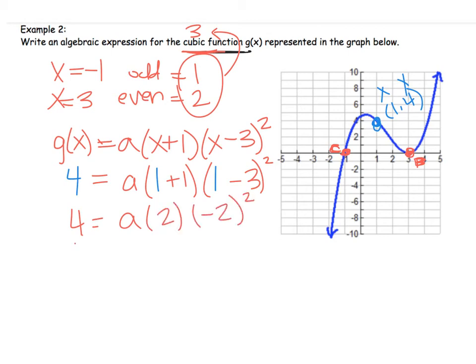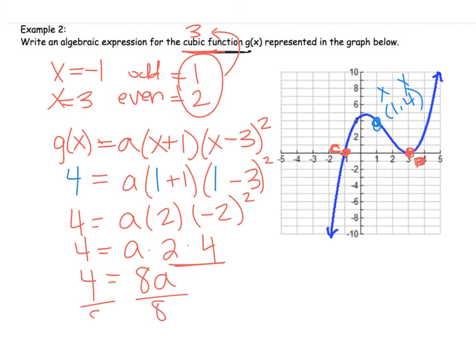Exponents are next. 4 equals a times 2 times 4. 4 equals 8a. Remember to multiply that and put it in front. And then when we divide by 8, we get a is 4/8 or 1/2.